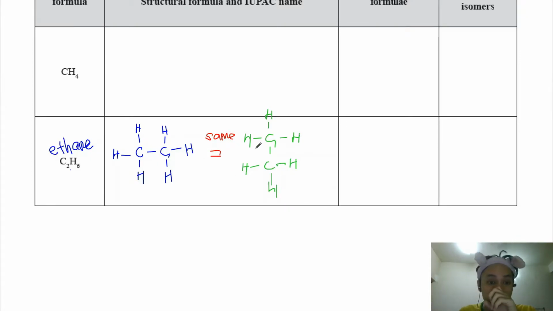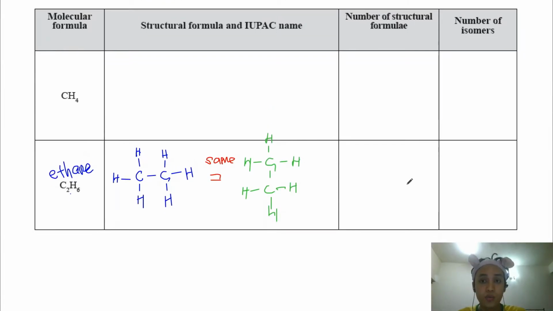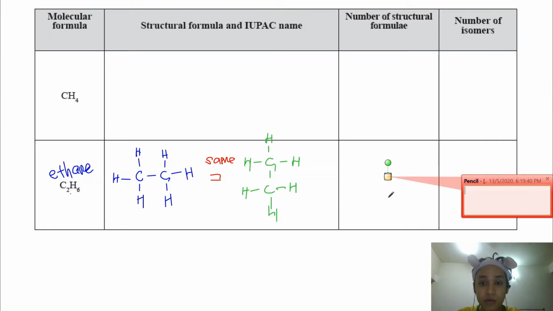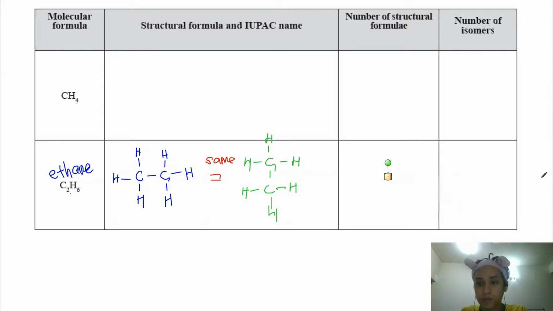So for ethane, C2H6, you only have one way of drawing C2H6, no other way of drawing. So in that case, we only have one structural formula. We only have one structural formula, therefore we do not have isomers, no isomers.